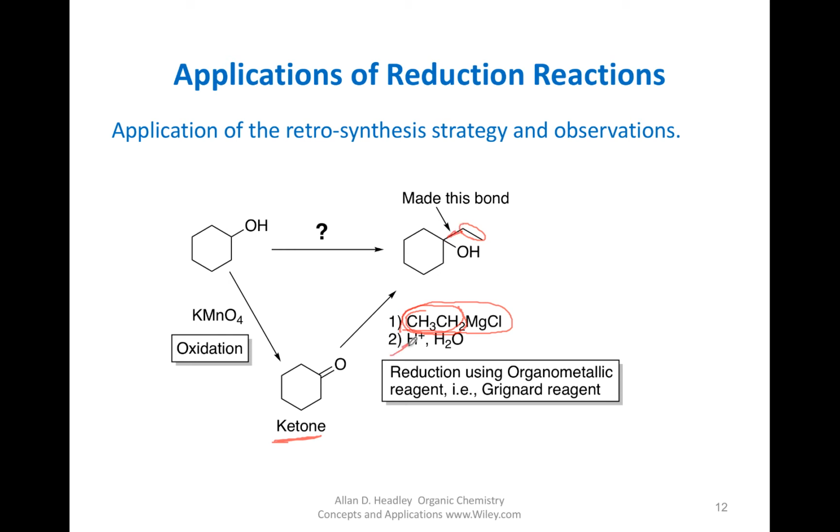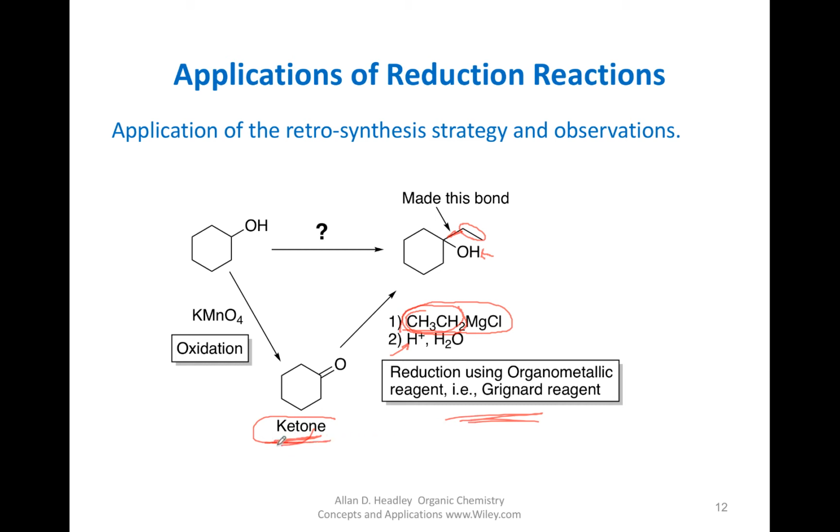We need an acid because we need to put on that proton. So this is the reduction of a ketone using a Grignard reagent. Notice again, you don't have to use a Grignard reagent. You could use another organometallic, as we've discussed before, like an organolithium or an organocuprate. This gives versatility to your possible solutions in solving these problems.